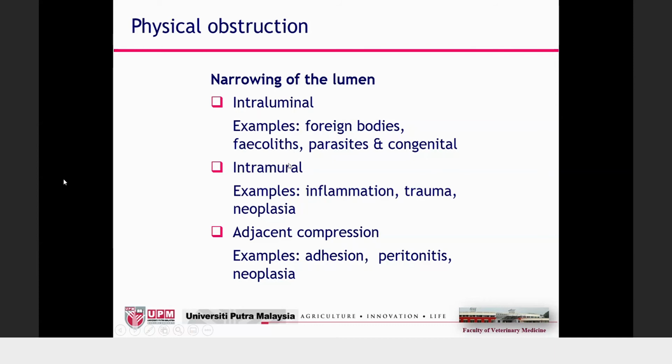It can also be intramural, meaning at the wall of the intestine, and this could be a result of inflammation, trauma, or neoplasia. Similarly, it can result from adjacent compression, adhesion, peritonitis, and neoplasia. So these three things, in the lumen, in the wall of the intestine, as well as at the adjacent area, lead to narrowing of the lumen.